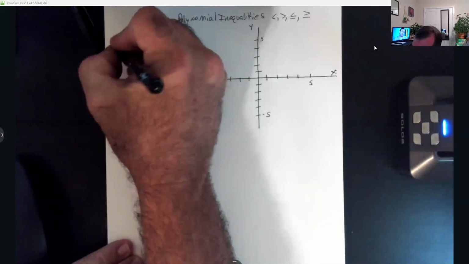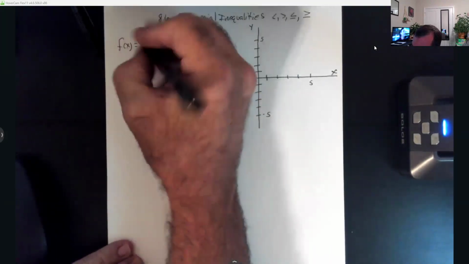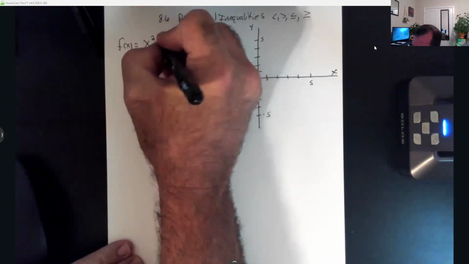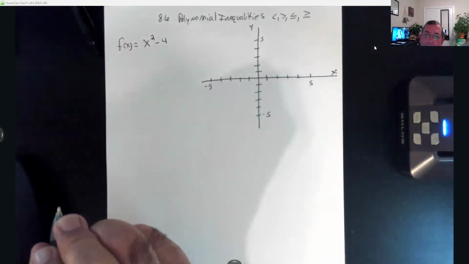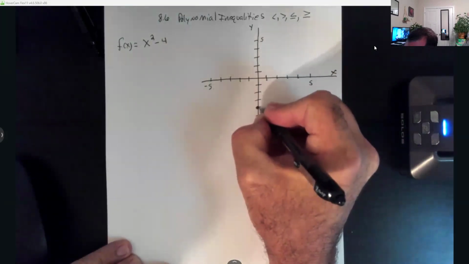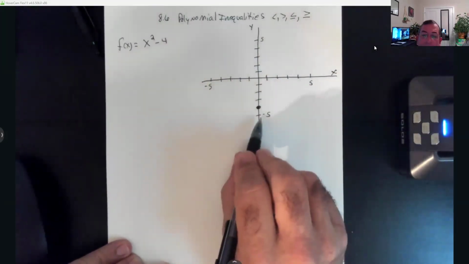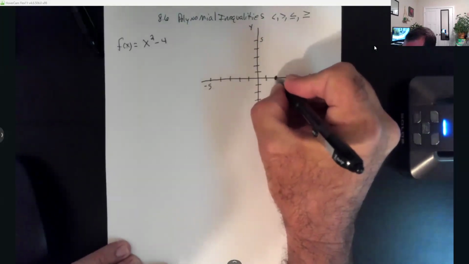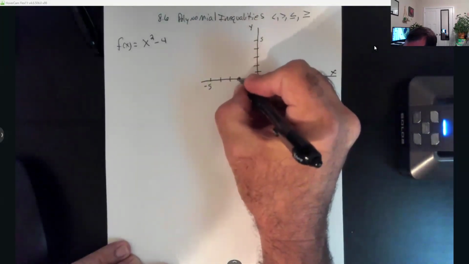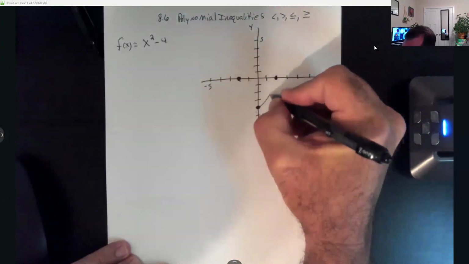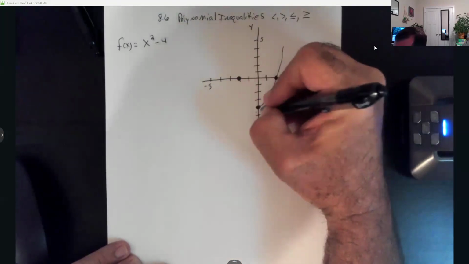So I'm going to give you the graph of f of x equals x squared minus 4. So this graph will have a point at 0, -4, and then it's going to cross over the x-axis at 2 and -2. So my little parabola is going to come up like that.